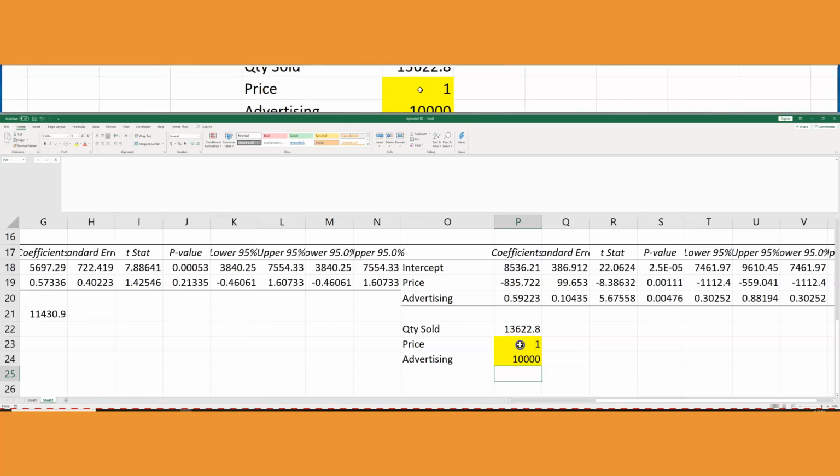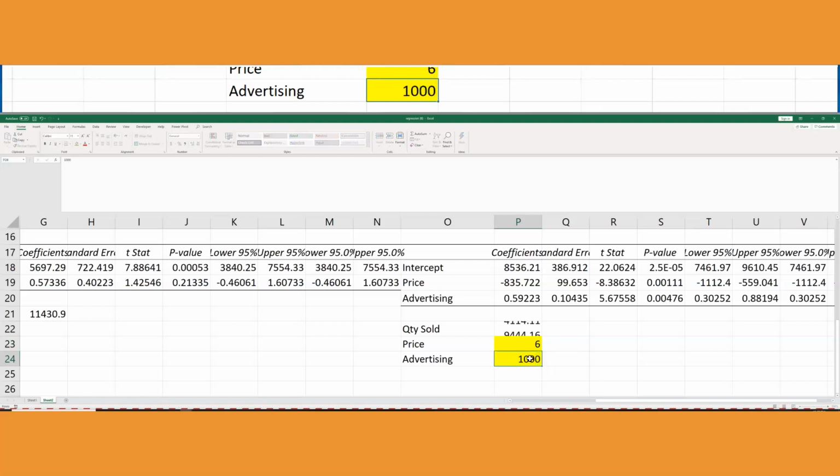If I change the price to a higher price than I have ever seen in the observed data, let's say here 6, and I lower the advertisement to 1,000, notice that my quantity sold is really lower because the price is too high and the advertising is also low.